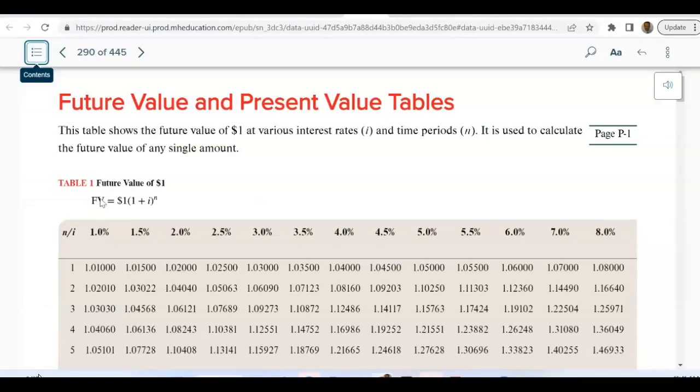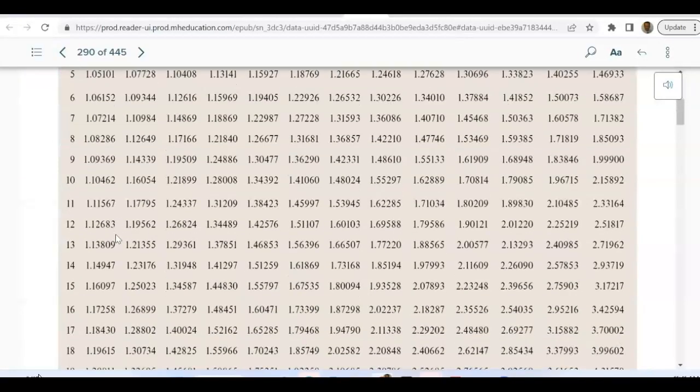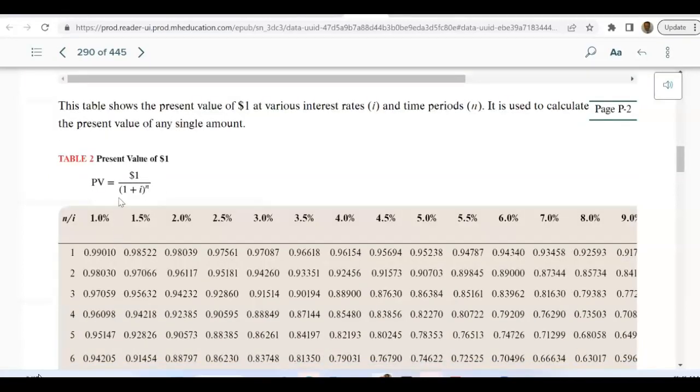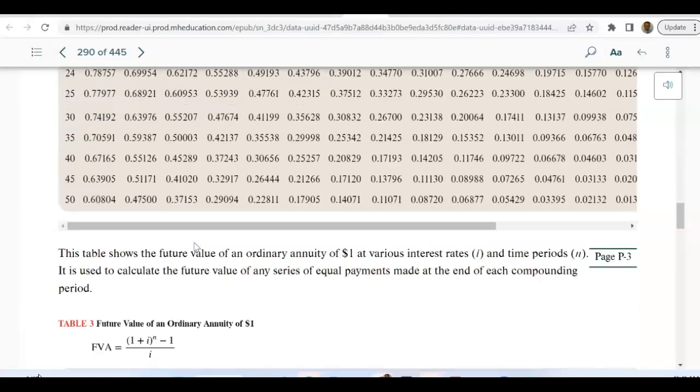And this is table number 1, which is future value. I don't need that. Table number 2 is present value of $1, a one-time payment, but this is not a one-time payment, right? This is a series of payments. A series of payments means annuity. What type of annuity are we looking at? We are looking at ordinary annuity. Keep going.